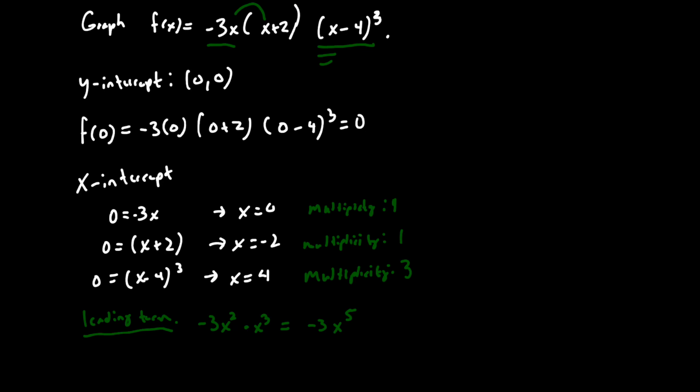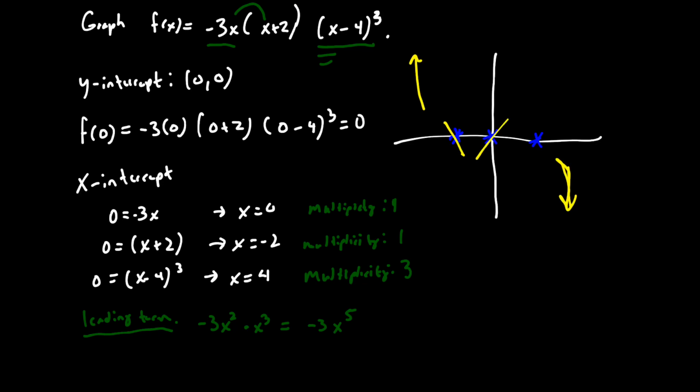So let's go ahead and draw a picture of everything we have so far. The leading term tells us that the end behavior of our graph is going to look like this. We'll have an x-intercept at -2, another one at 0, and then one at 4. And then our graph is going to cross at -2, then it's going to cross again at 0.